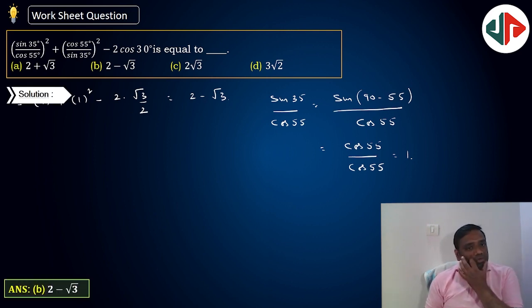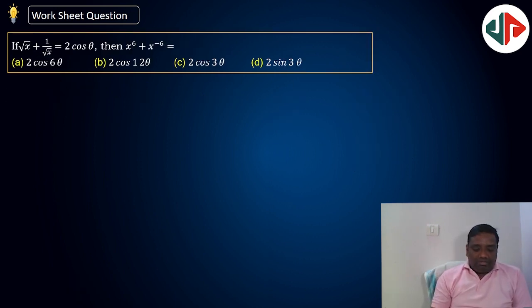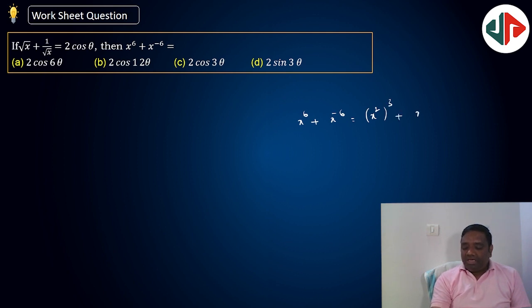I think this is a direct question. Let us see this question. Root x plus 1 by root x is equal to 2 times cos theta. Then find the value of x power 6 plus x power minus 6. Let us imagine it like this. Can I rewrite this value as x square whole cube plus x power minus 2 whole power 3?